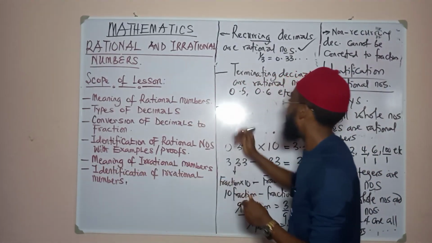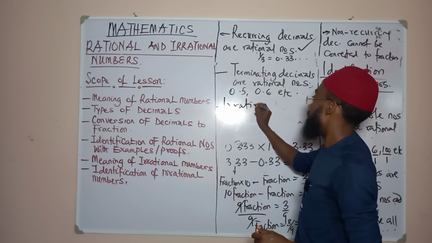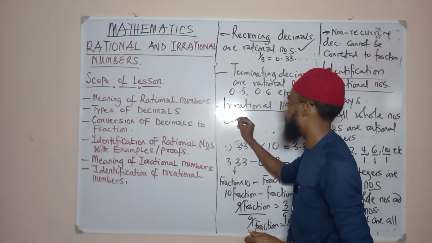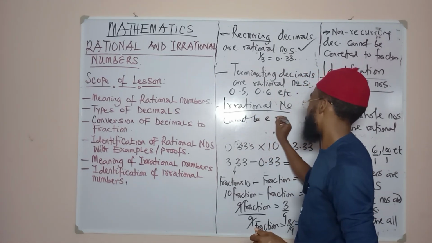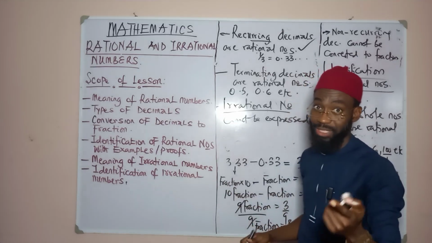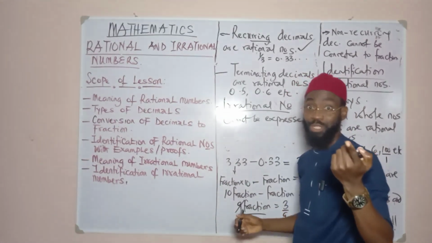Then the meaning of irrational number is just the opposite of it. An irrational number is a number that cannot be expressed as a fraction. And you're thinking now, there's just one type of decimal that cannot be expressed as a fraction.